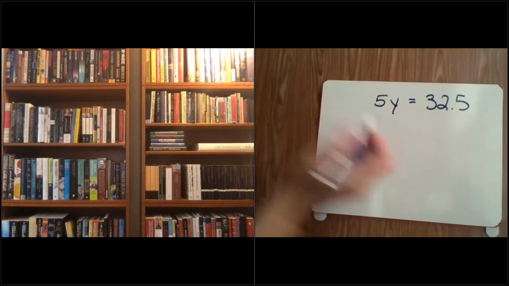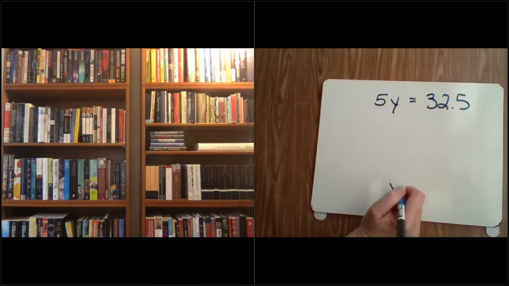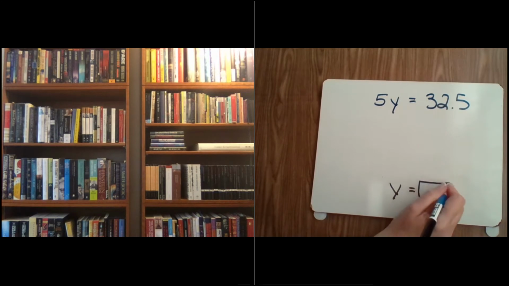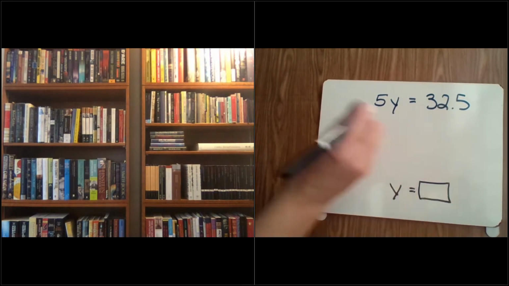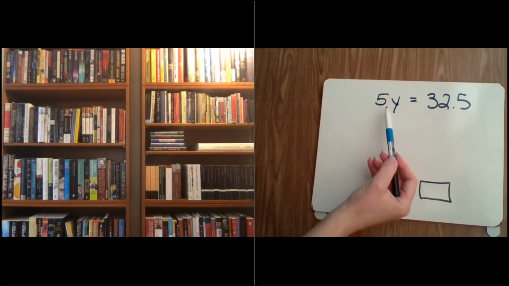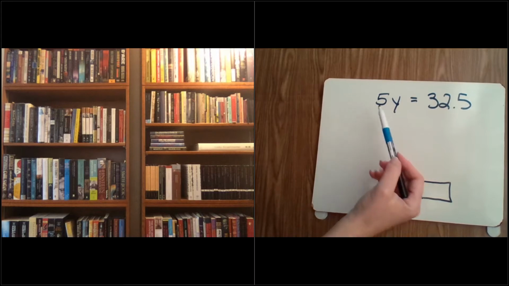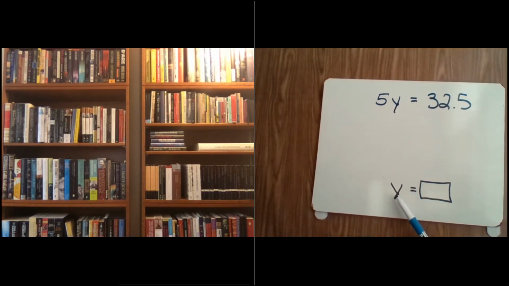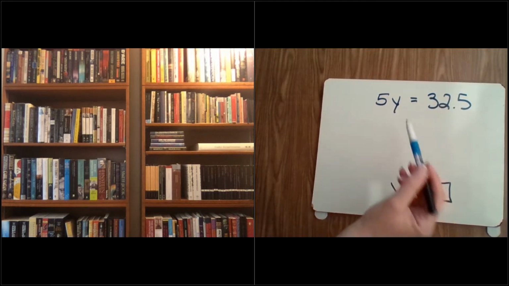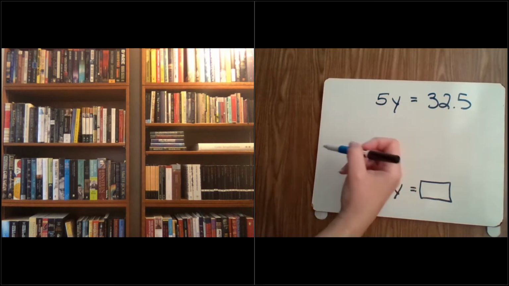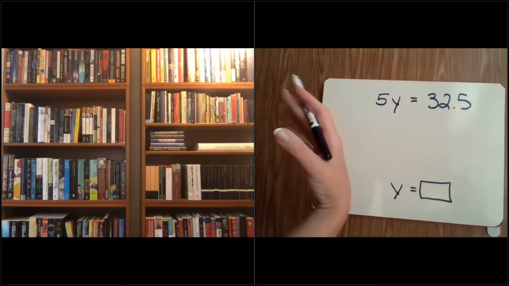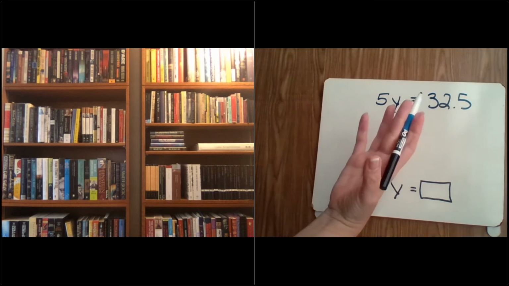Now remember, when I'm finished with the problem, I want to end up with y equals a number. I already have y on the left side, but it's currently being multiplied by 5. So I need to ask myself, if I want y all by itself, what do I need to do? How do I undo multiplying by 5?